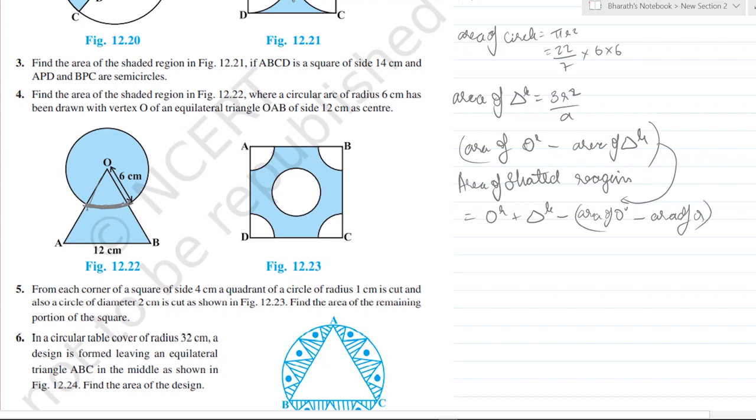Fine. This is how you have to find. And here, this thing you have to find if you want to find the area of shaded region.